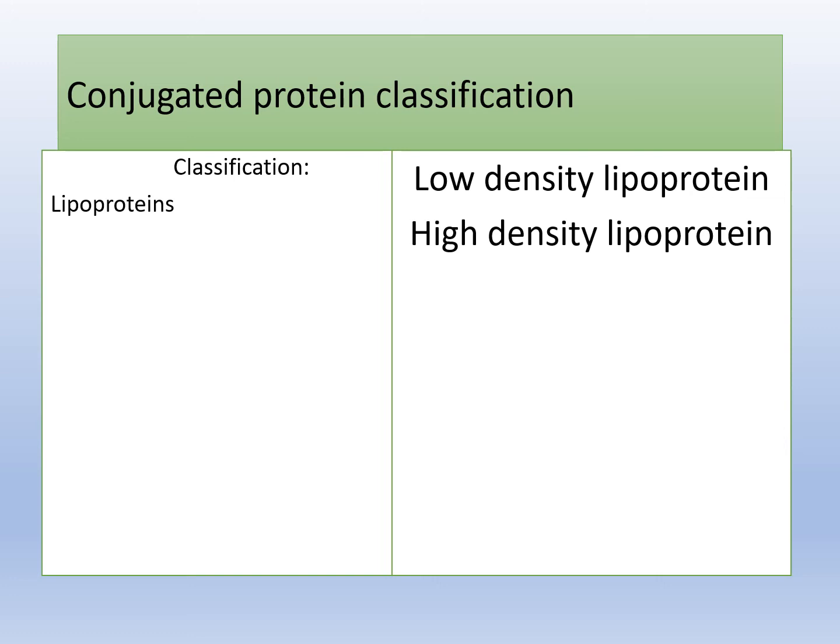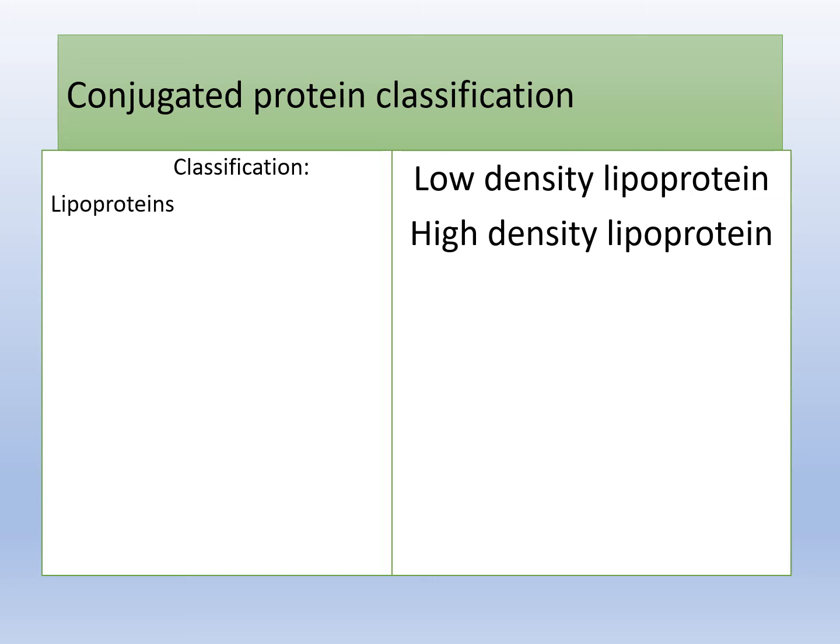High-density lipoprotein, on the other hand, is called good cholesterol. Why? Because it carries your cholesterol from your arteries going back to your liver. So in your liver, this is where your cholesterol is being reprocessed or processed further.